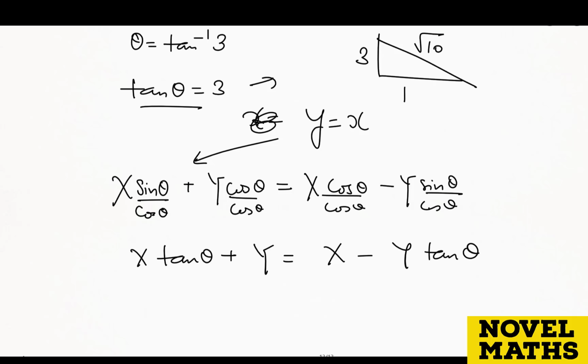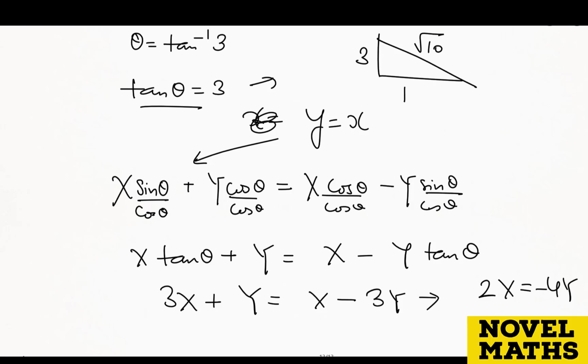Tan theta is already given as 3, right? 3X plus Y is X minus 3Y. So this will be 2X equals negative 4Y, or X equals negative 2Y. So X equals negative 2Y, or Y equals negative X over 2.